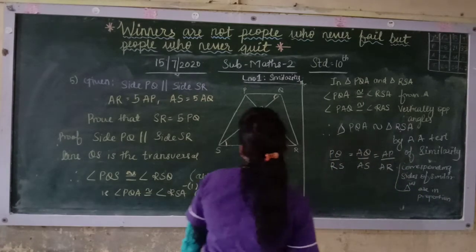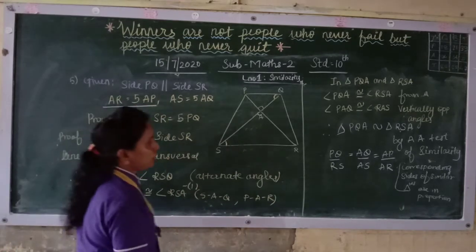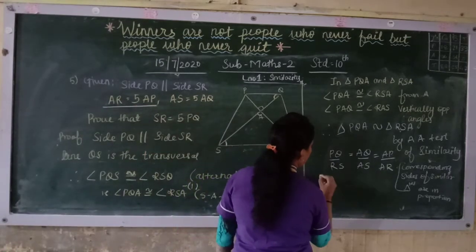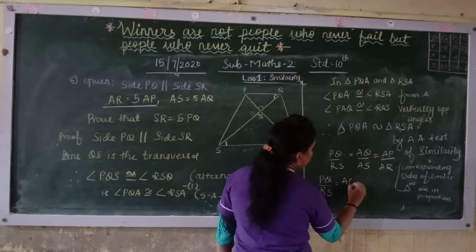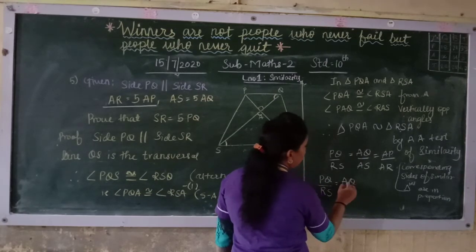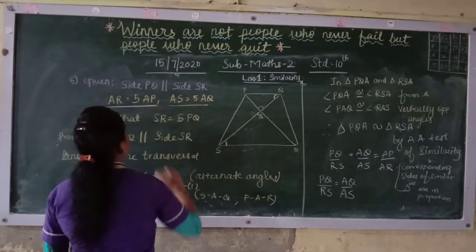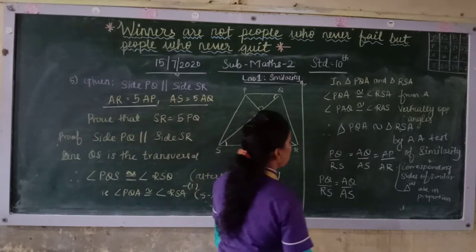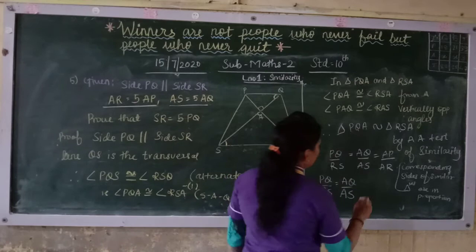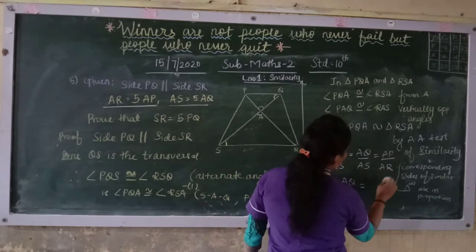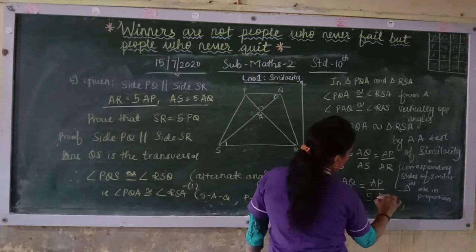Now see what they have given here, AR is 5 AP. So here you can put PQ upon RS is equal to either of the things, AQ upon AS or AP upon AR. Now AR is 5 AP.